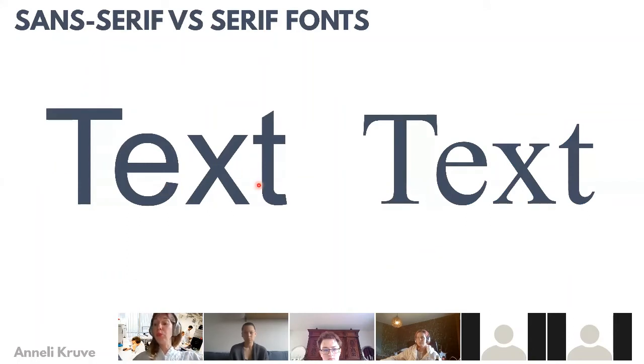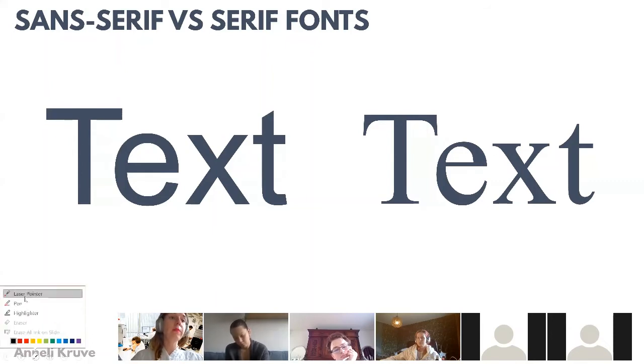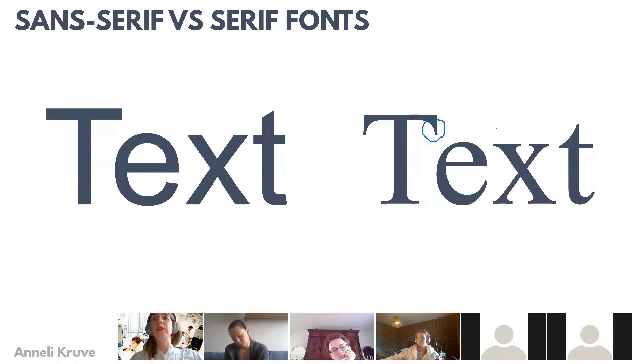Here are two fonts. These are Arial and Times New Roman on the left-hand and right-hand side correspondingly. Arial is a sans serif font, while Times New Roman is a serif font. And what does this mean? This means that the serif fonts have these tiny little extensions on the letters.